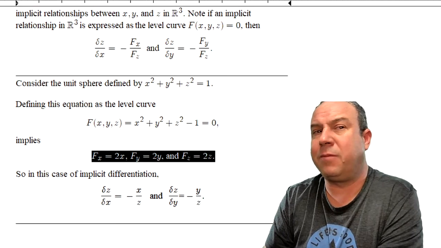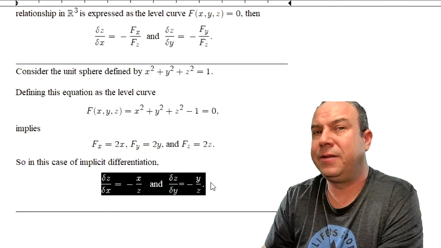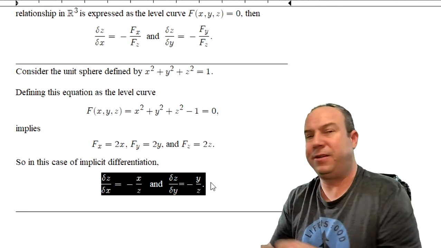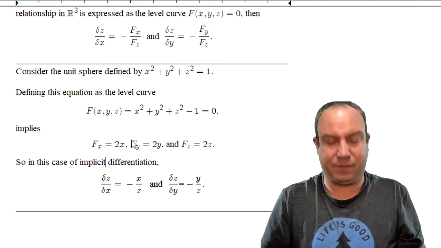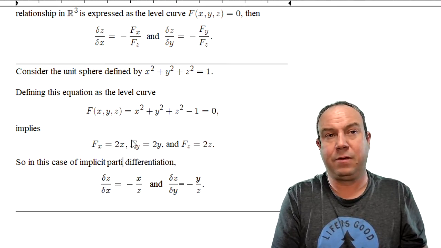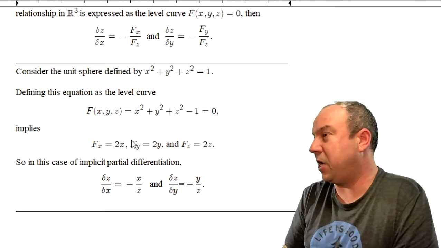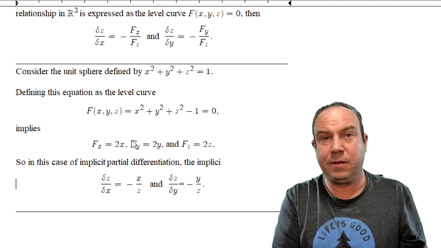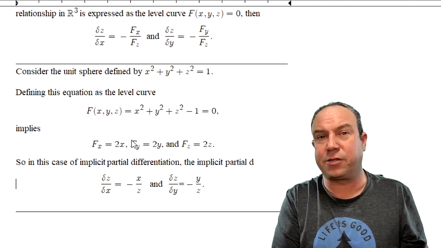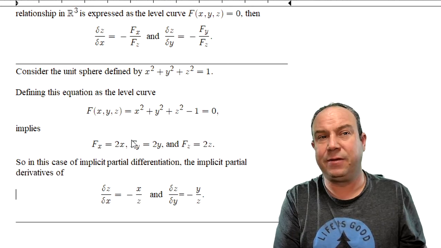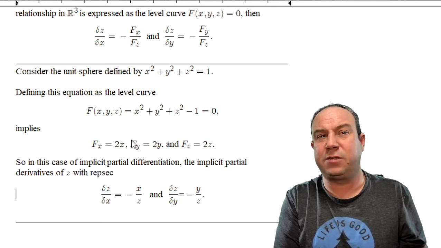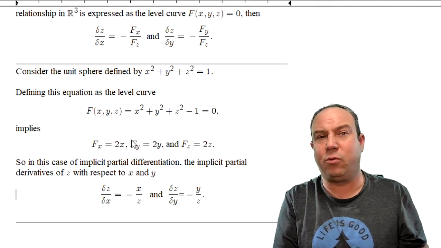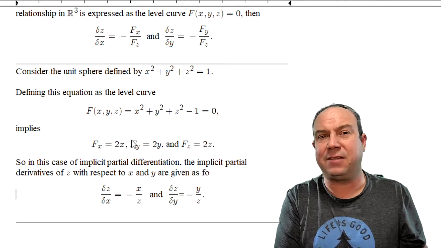So in this case, our implicit partial derivatives of z with respect to x and y are given as follows.